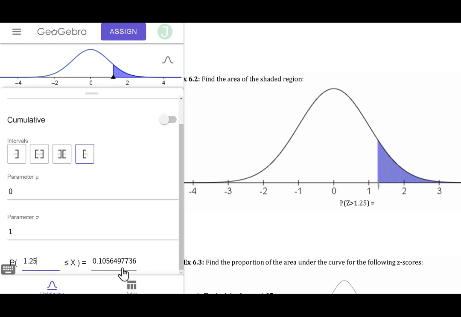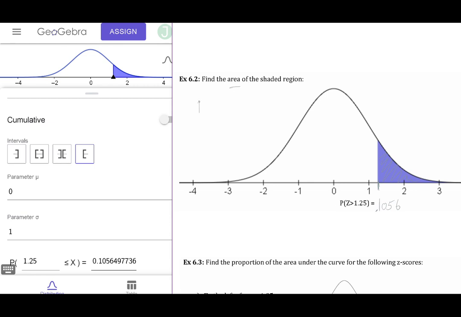And we will get that the area to the right is 0.1056. Again, just relating this back to the area, this is the same thing as the probability of selecting a random variable that is greater than 1.25 standard deviations away from the mean.